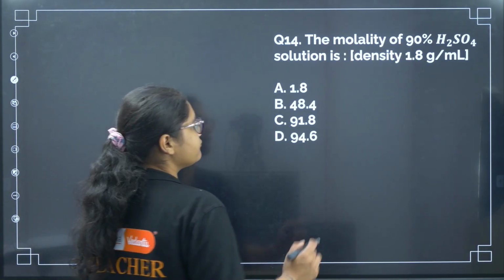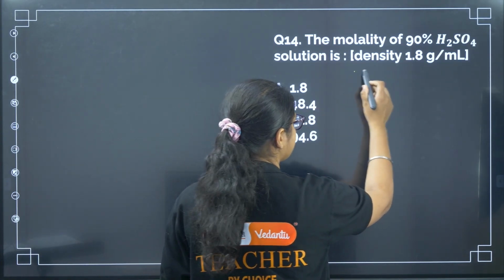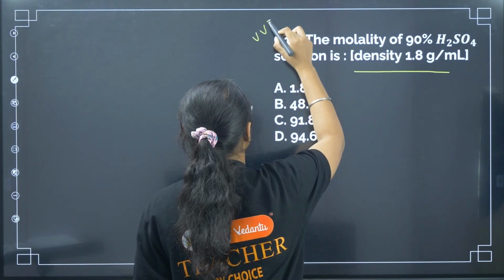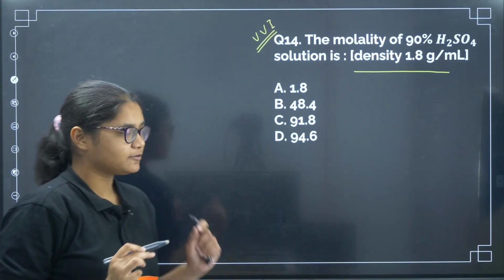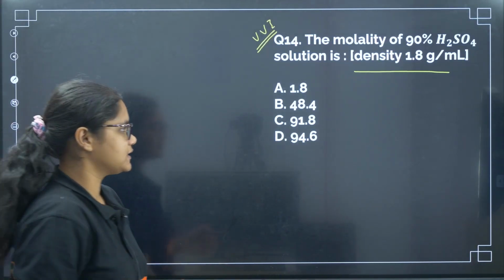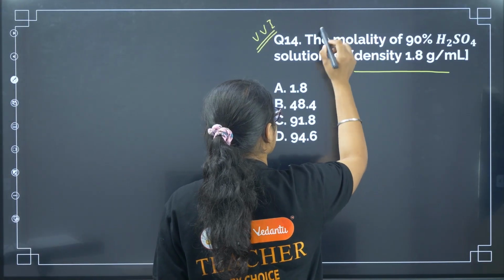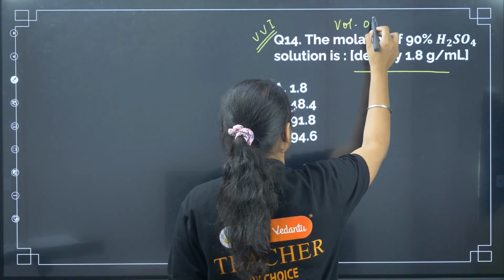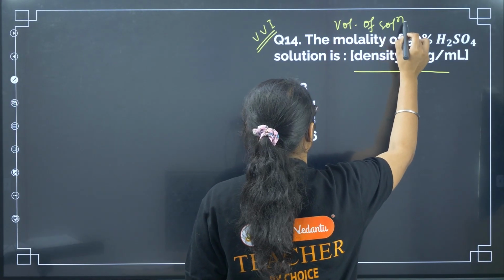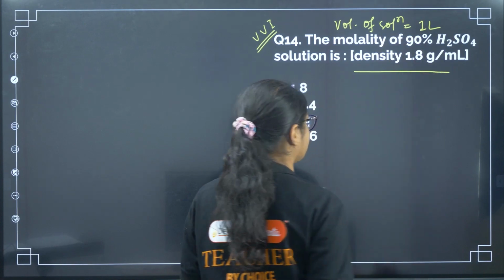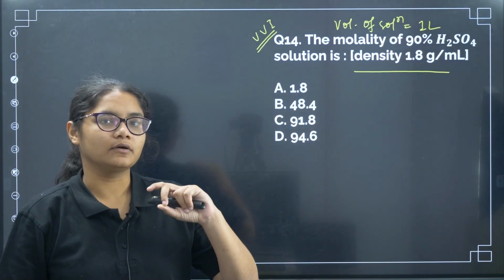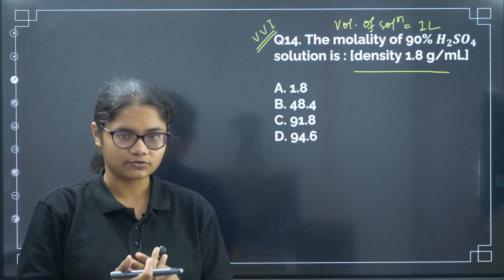The molality of a 90% H2SO4 solution is. Okay, so this is an important question from concentration terms. So first of all, understand what data are given, and here one assumption is there that the volume of the solution, this has to be mentioned in the question. The volume of the solution is 1 liter. Molality is for 1 kg of the solvent.